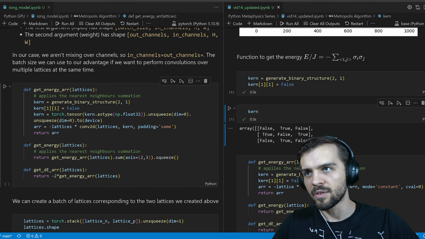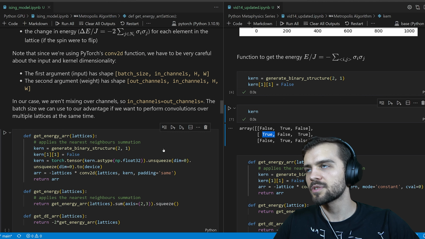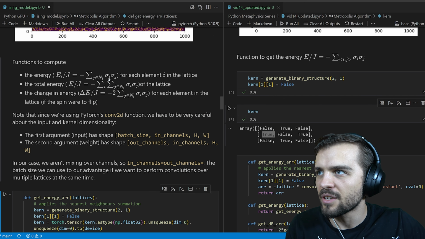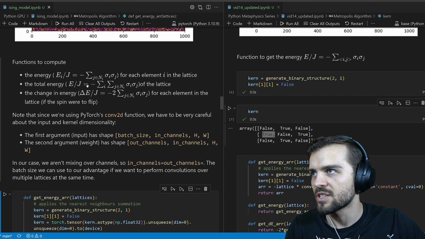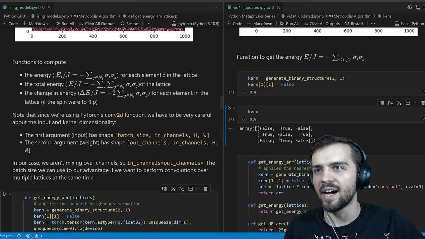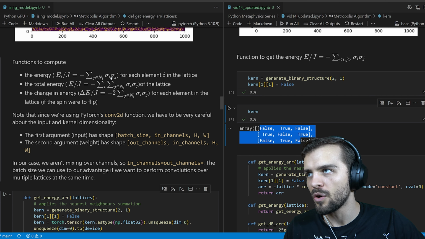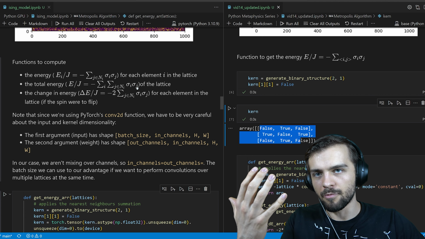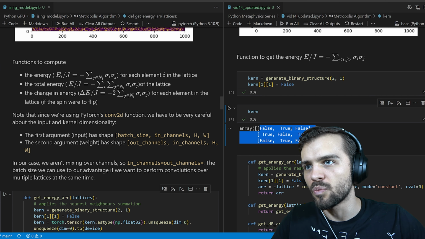So for example, if I convolve an array with zeros and ones like this, it will sum all these points here together, the trues. Of course, one of the things you can do is factor sigma i outside of this sum, and you have minus sigma i times the sum of nearest neighbors like that. And if I convolve my grid of points, the sigma i's, with this kernel, that gets me the sum over the nearest neighbors of sigma j.